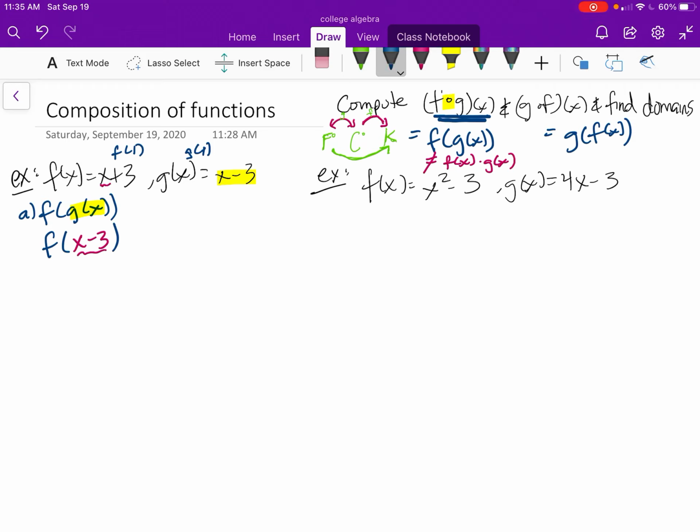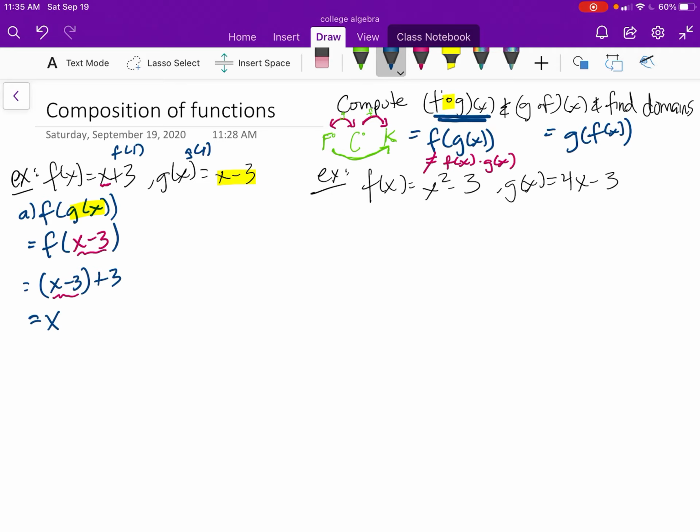So instead of x plus 3, I have x minus 3 plus 3. I substituted x minus 3 into that x. Well, we could simplify this. x minus 3 plus 3 is simply x.